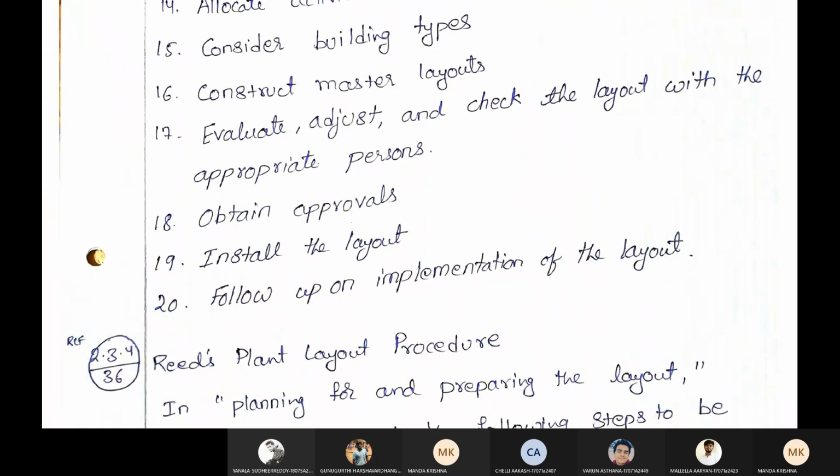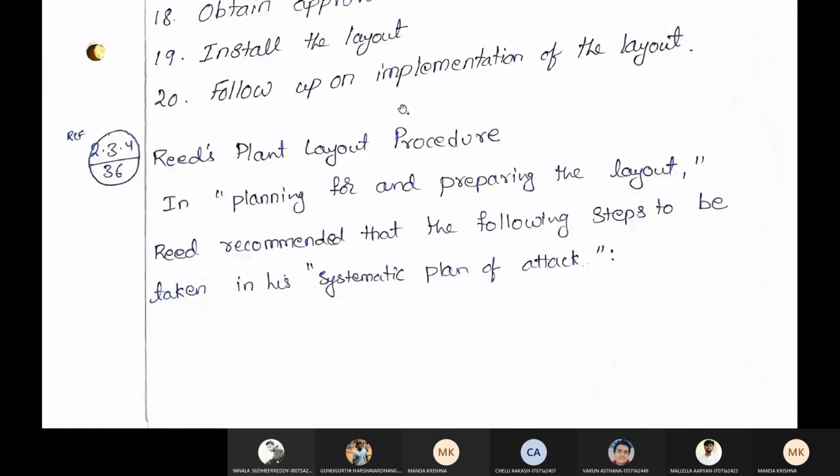Those who are working with us or within the department, and with other departments, we have to evaluate those designs. Next is to obtain the approval from the superiors. Next, going for the installation and implementation of the layout. These are the various steps in the layout design procedure.